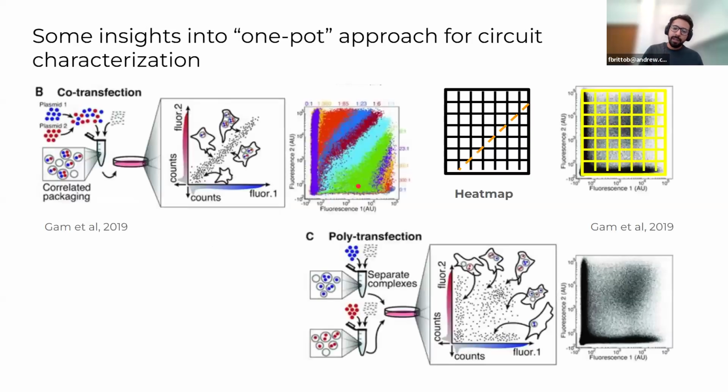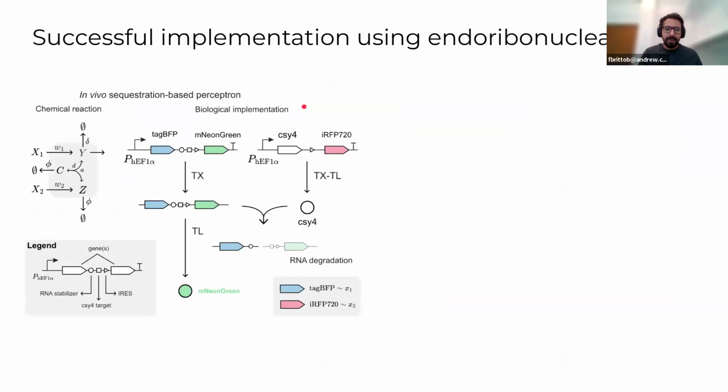Once again, that iRFP would let us infer the inputs. This is going to be another axis of our plot. So when the Csy4 is transcribed and translated, it recognizes this sequence. Here we put this sequence, and we put here a little square, and that forms a complex. It sequesters each other.